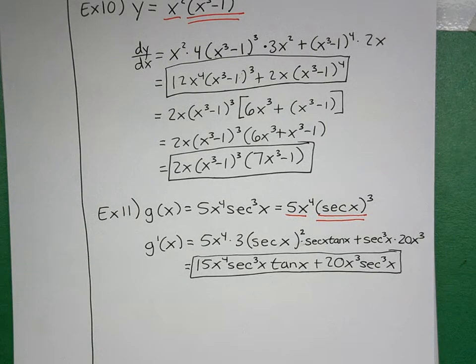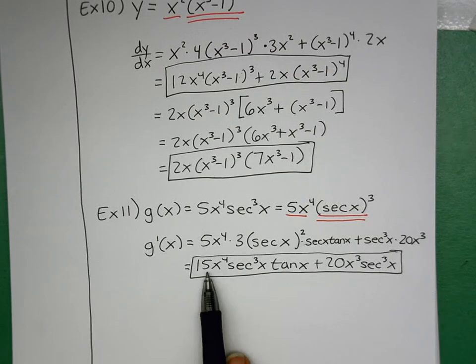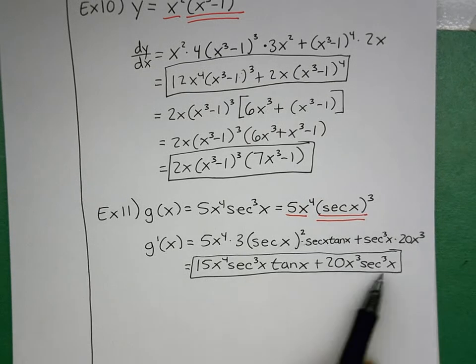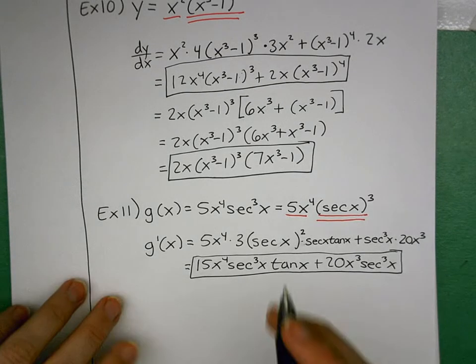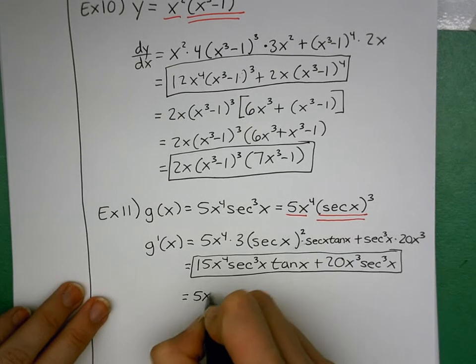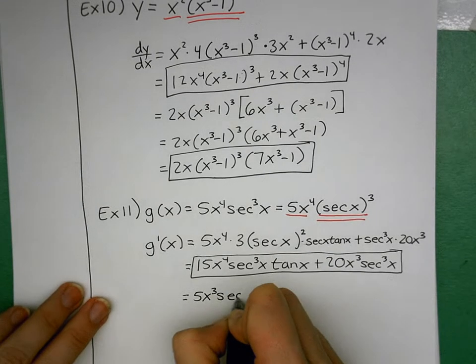but what if it wasn't? What else might have happened? They might have factored. We have here a 5 in common, an x cubed in common, and 3 secant x's in common. So I could pull all of those out. Pull out a 5 and x cubed and my 3 secant x's, which would leave me with what?